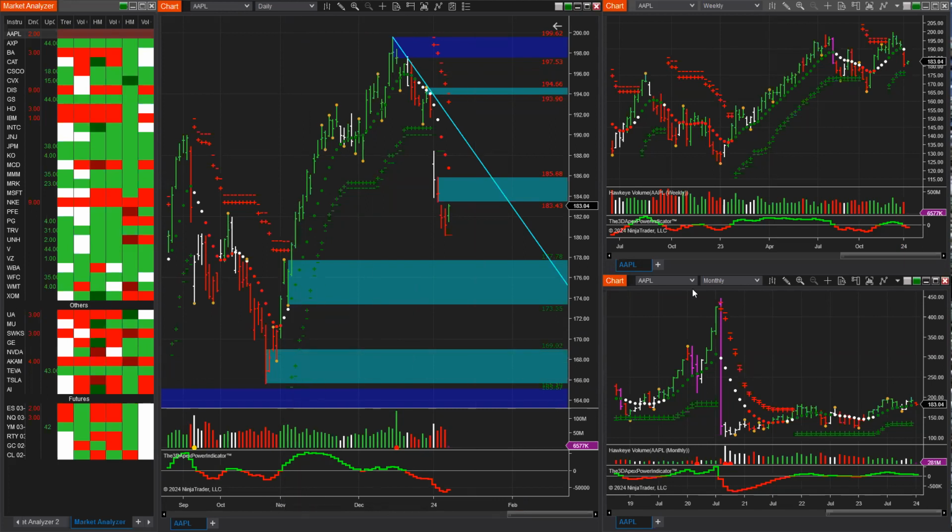So the 165 area, you can see that on the weekly as well. So trend line here, break. Here's your parallel line right to that level. So this is the safe retracement level. If it goes below that, it's not safe anymore for Apple.